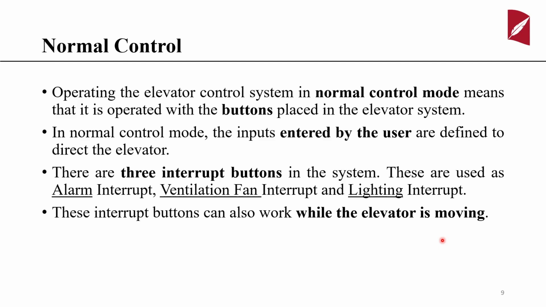In normal control mode, the inputs entered by the user are defined to direct the elevator. There are 3 interrupt buttons in the system. These are used as alarm interrupt, ventilation fan interrupt, and lighting interrupt. These interrupt buttons can also work while the elevator is moving.